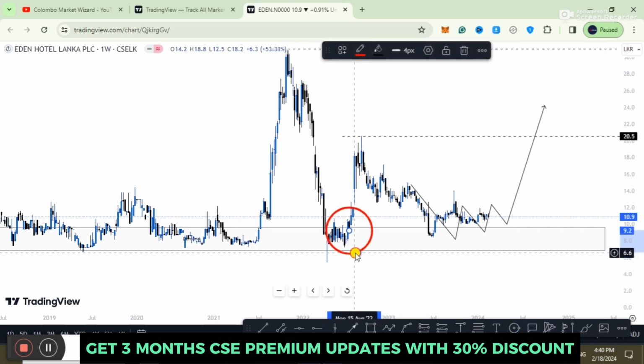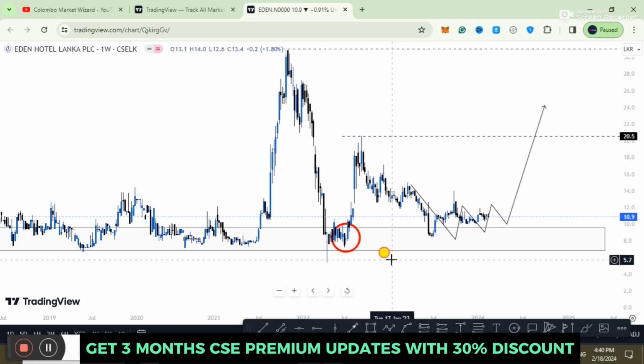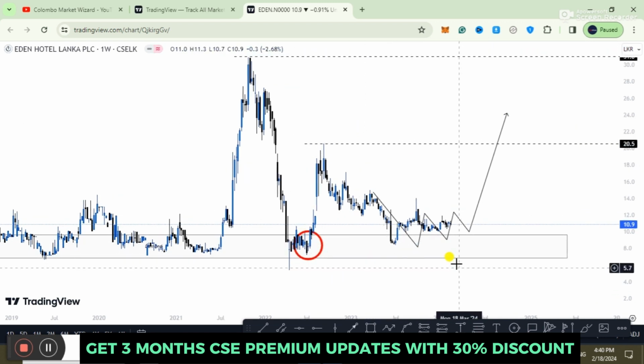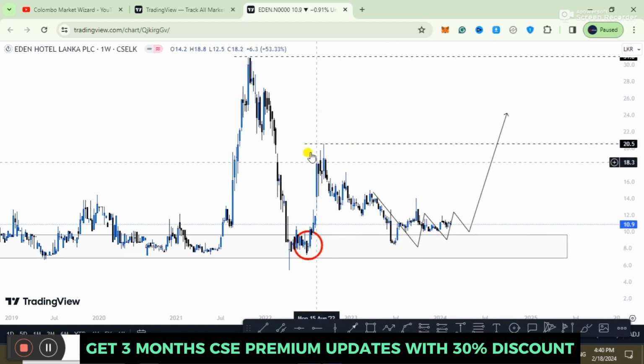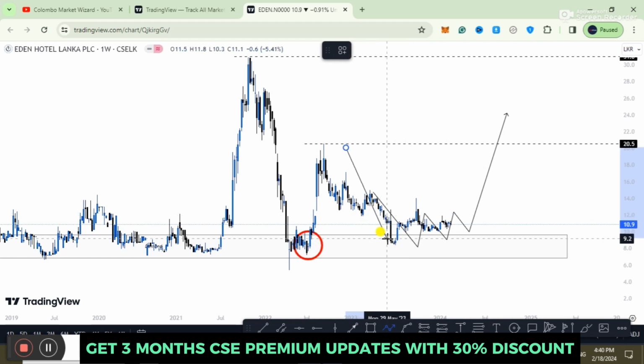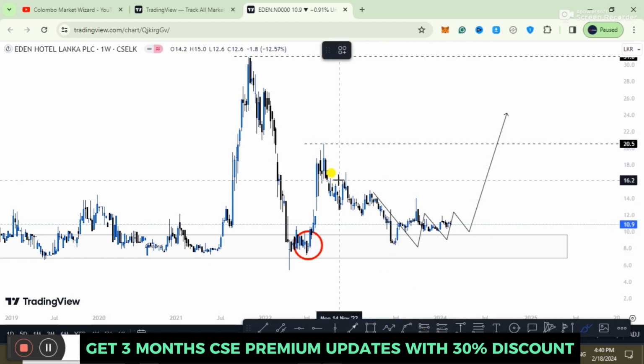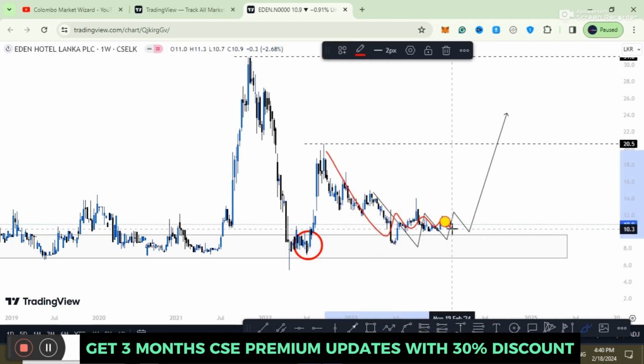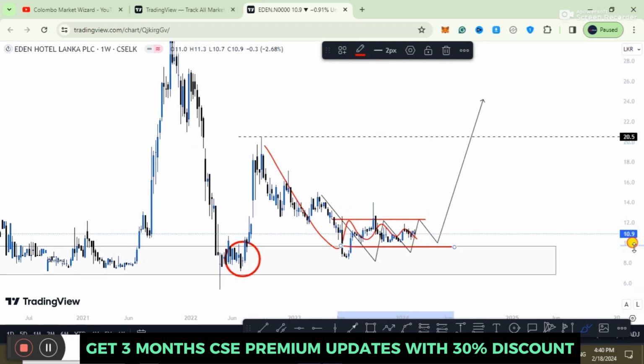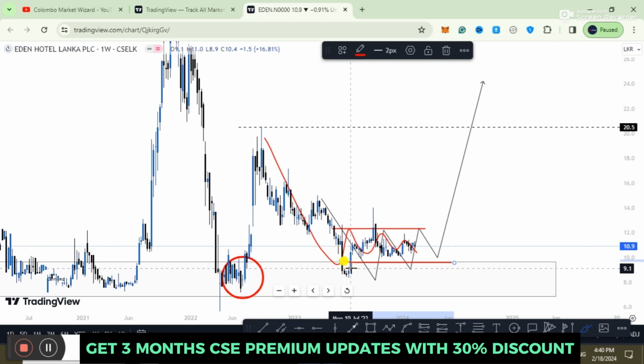Then we saw very strong buying pressure to the upside, right? Since the price tested the 20 rupees region, we have seen a reversal back to the downside. Since then, the price has followed up with another consolidation on the daily time frame, along with the previous price action close to this region, which took place in the year 2023.